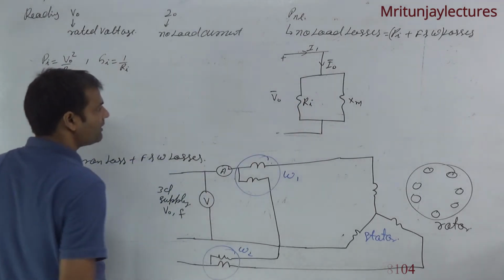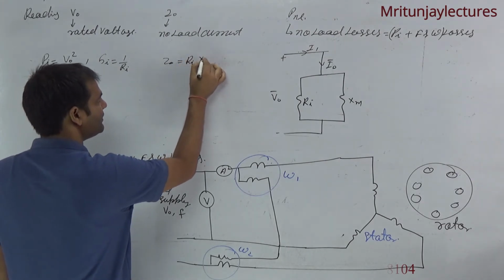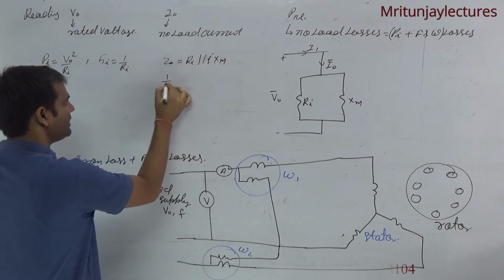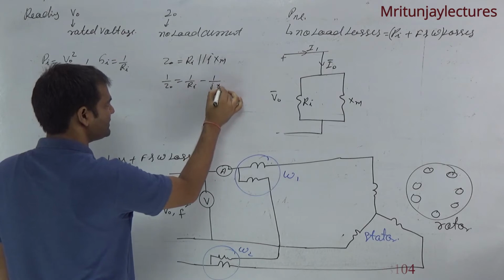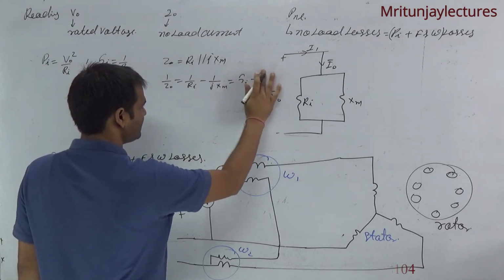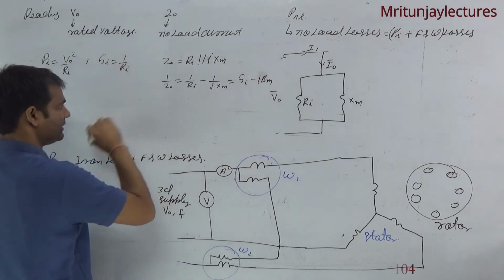These two are parallel, so Z naught is equal to Ri parallel to jXm. So 1 by Z naught is equal to 1 by Ri minus 1 upon jXm, that is Gi minus j Bm.